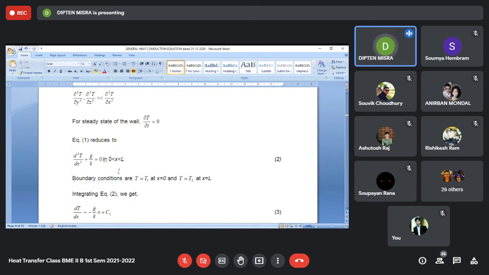And if you have a linear problem, then you can use the method of superposition to get a solution to a complex problem by splitting it into two simplified problems, getting the solution of each, and adding those solutions to get the solution for the complex problem. That is how at times we solve a more complex problem by splitting it into two constituent parts.